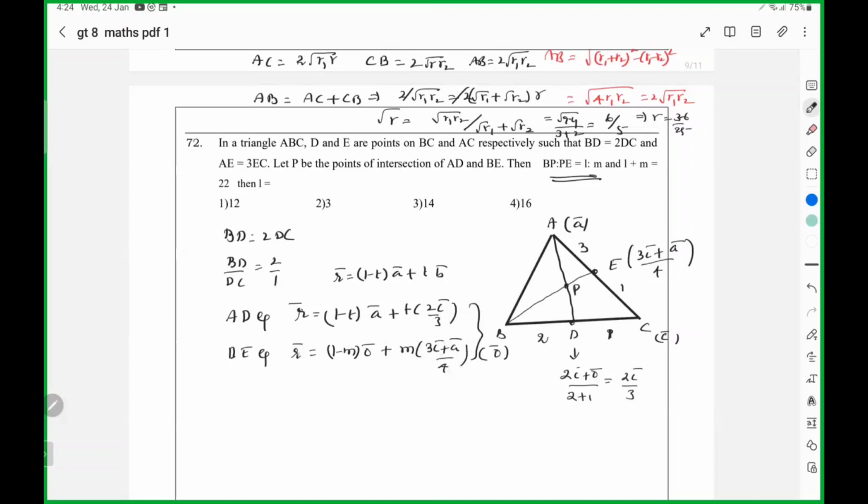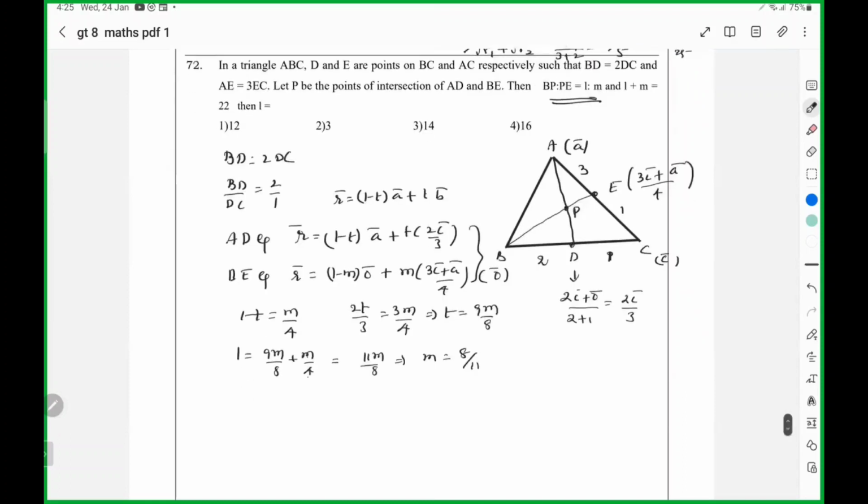Don't take the same scalars. Compare A bar coefficients. We get this. Compare C bar coefficients. So in place of T, 9M by 8. 9M by 8 plus M by 4. So it is 2, 11M by 8. M here is 8 by 11.